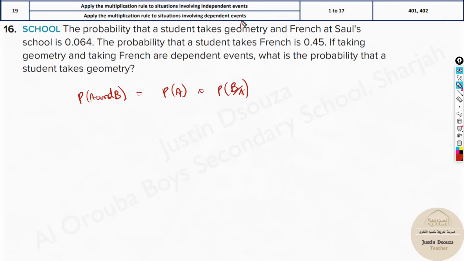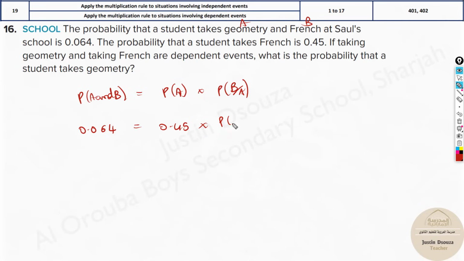Now here A is, say, taking geometry and B is French. The probability that the student takes geometry and French at the school is 0.064. This is P of A and B. What is the probability of A? The probability that a student takes French is 0.45. If taking geometry and taking French are dependent, what is the probability that a student takes geometry?